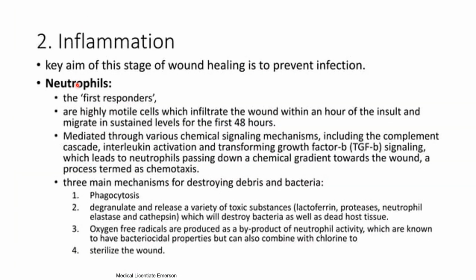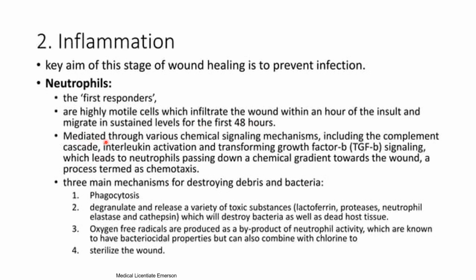So the second stage is the inflammatory phase, where the key aim of this stage is to prevent infection. The neutrophils are the first responders, and they are highly motile cells which infiltrate the wound within an hour of the insult and migrate in sustained levels for the first 48 hours.